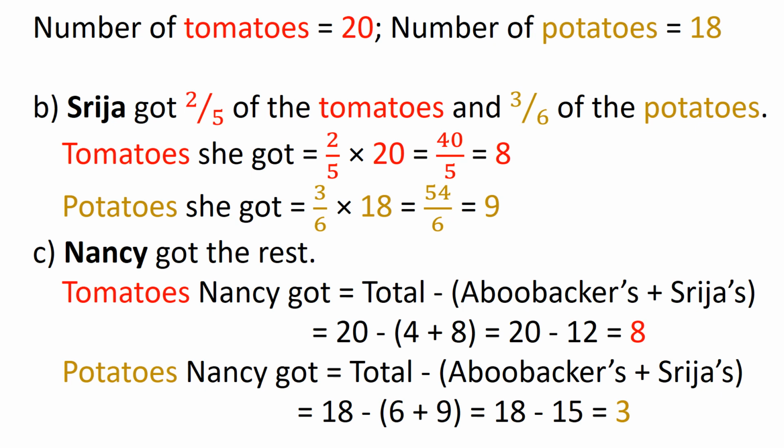Potatoes Nancy got will be again total potatoes minus Abu Bakar's share plus Srija's share. That is equal to 18 minus 6, which Abu Bakar got, and 9 Srija's share, which is equal to 18 minus 15 equal to 3. So Nancy got 8 tomatoes and 3 potatoes.